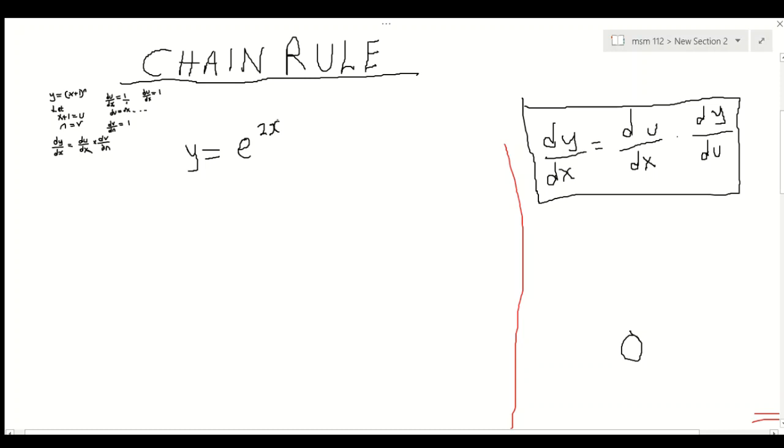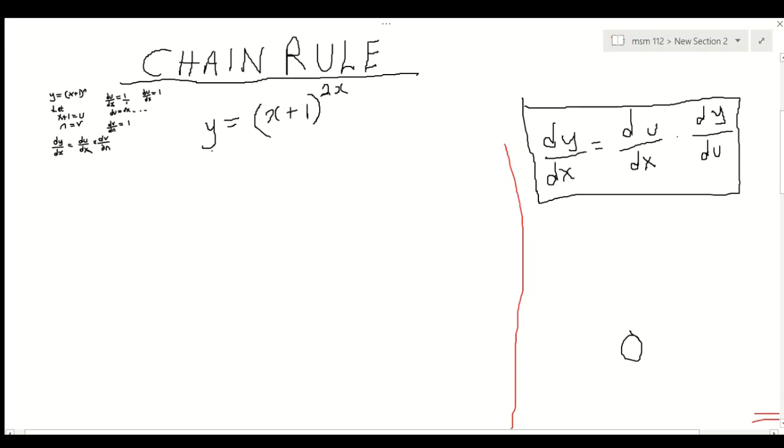Or maybe I've jumped. This example is too complex, you haven't reached this part. Let me give you this one, because this one is another topic which is ahead. Y is equal to x plus 1 to the power 2.